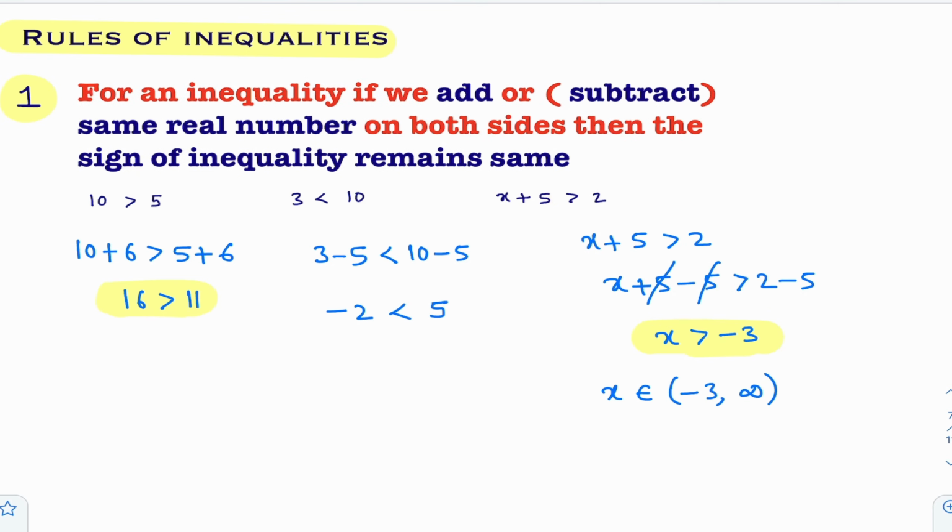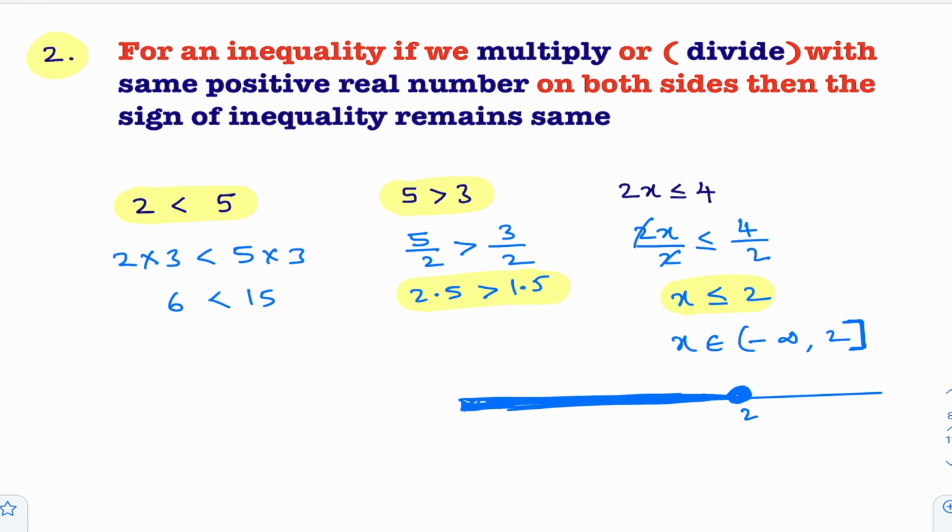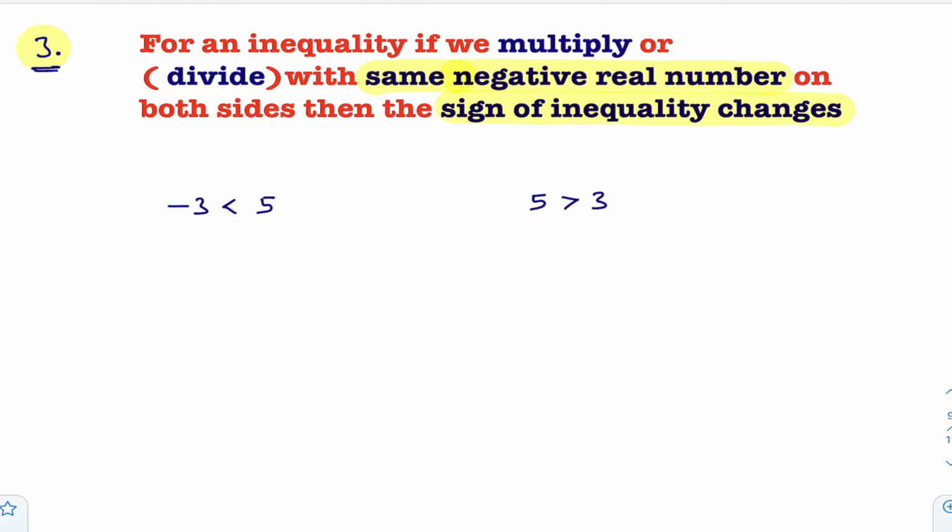Rule 1: the sign of inequality remains the same when we add or subtract the same real number on both sides. Rule number 2: when you multiply or divide with the same positive real number, the sign remains the same. Rule number 3: when we multiply or divide with the same negative real number, the sign of inequality changes. First time you are seeing this.